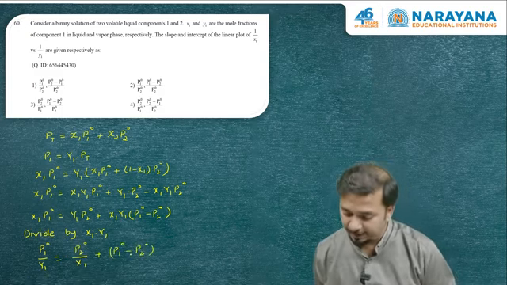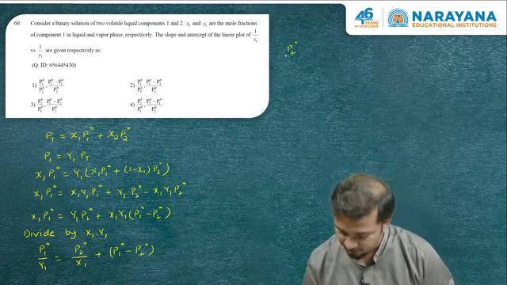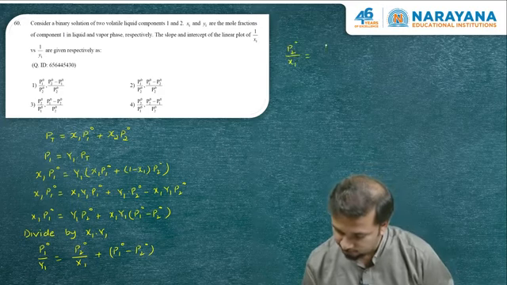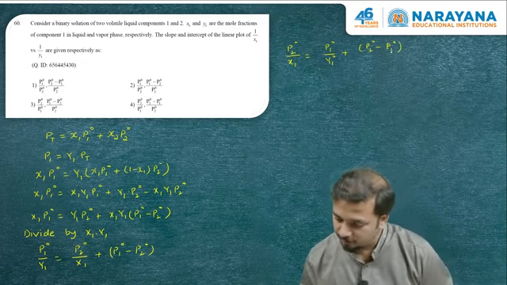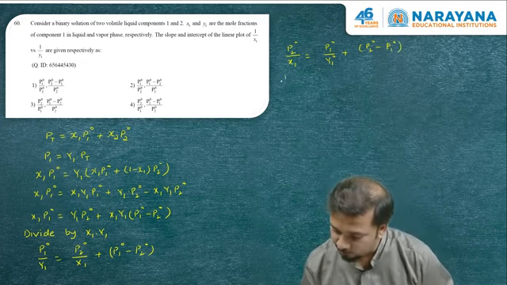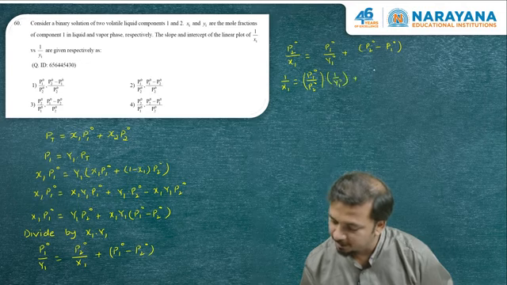Now, we want 1 upon X1 versus 1 upon Y1. So, we will rearrange this equation to P2 naught upon Chi1 is equal to P1 naught upon Y1 plus P2 naught minus P1 naught. So, if we divide by P2 naught, we will get 1 upon Chi1 is equal to P1 naught upon P2 naught times 1 upon Y1 plus P2 naught minus P1 naught upon P2 naught.